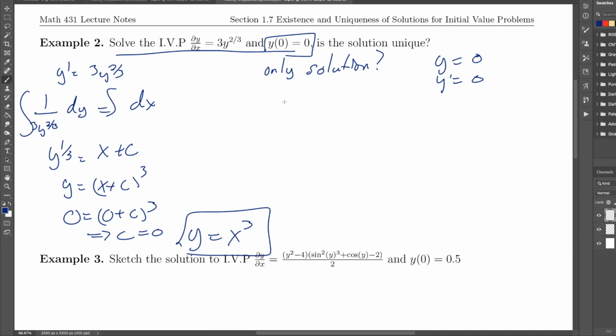So what would happen here? Well, 3y to the 2/3 power is continuous everywhere, right?